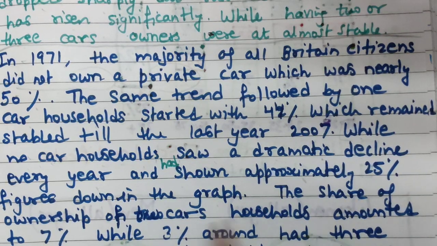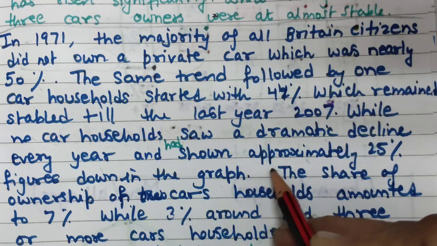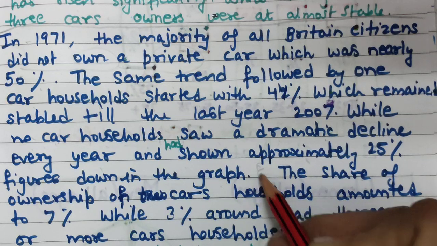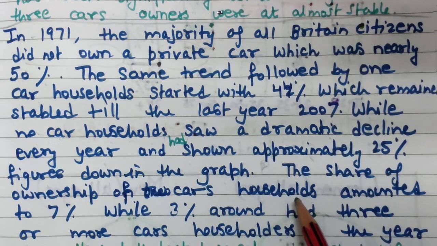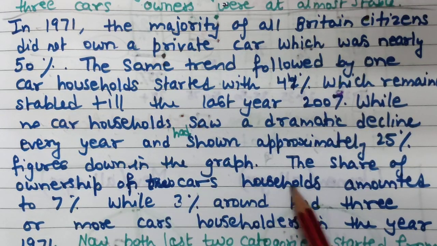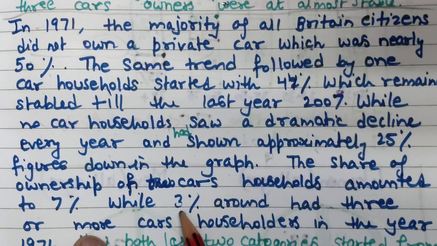Now the next line. Here you can use furthermore, you can also compare, on the other hand, any contrasting language you can use. The share of ownership of two car households amounted to 7%, while around 3% had three or more car households.